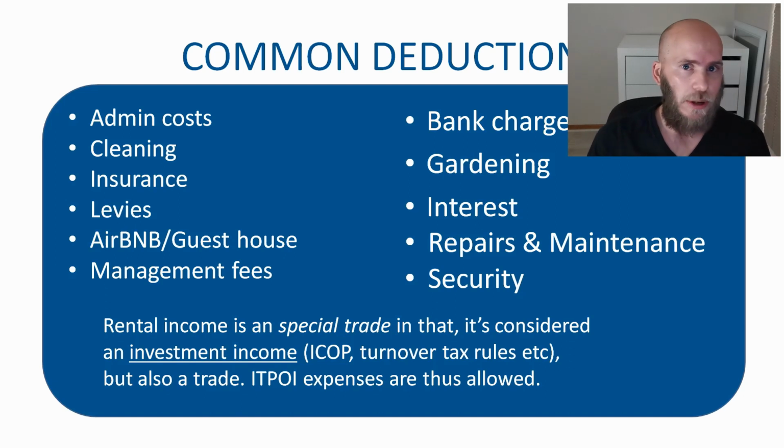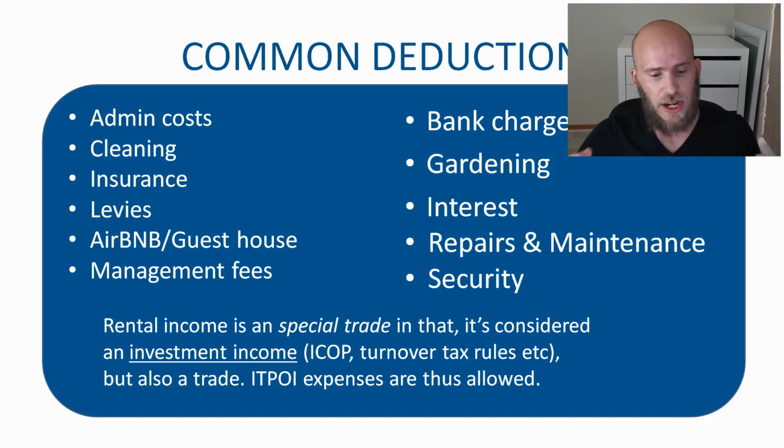Now, an interesting thing about rental income is that it's a special trade. It's really considered an investment income throughout the Income Tax Act. However, it is a trade, and what that means is any expenses in the production of income can be allowed.